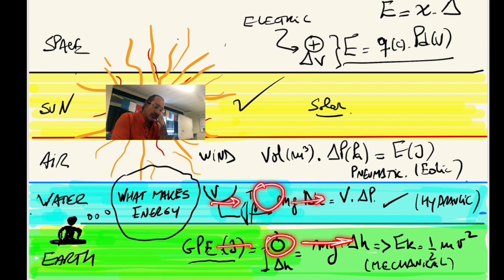Same thing with the volume of water. Same thing with an apple or a stone that needs to be pushed by some force. In this case, it could be the force of gravity, or the work done by any force to push any stone. So that's a very important concept in physics, the concept of energy.